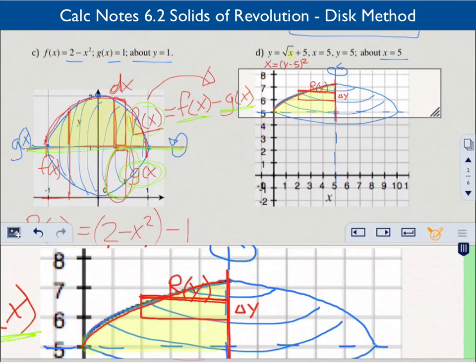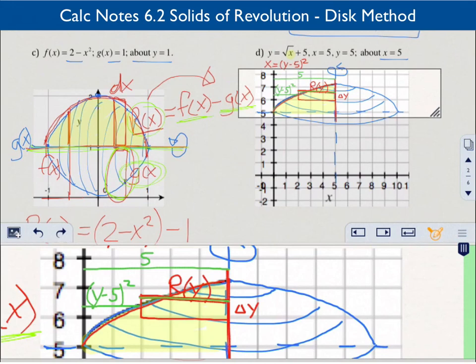Okay, so we know that this function right here is really y minus 5 squared. So that tells me that the distance from here to here is going to be y minus 5 squared. And I also know that the distance from here to here is going to equal 5, because that's the line x equals 5.